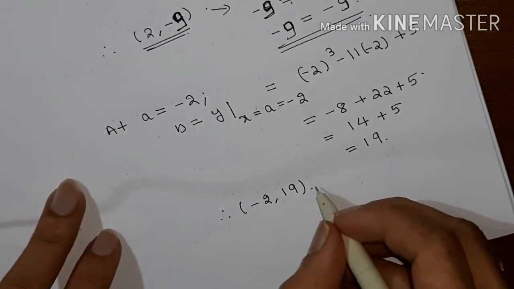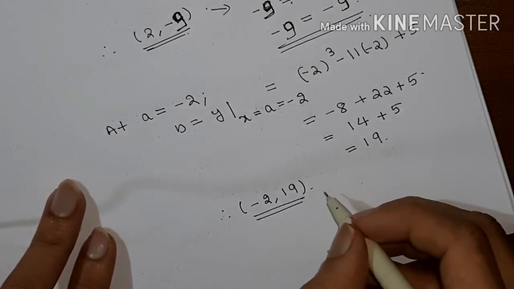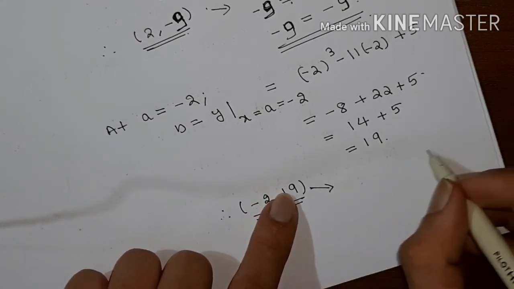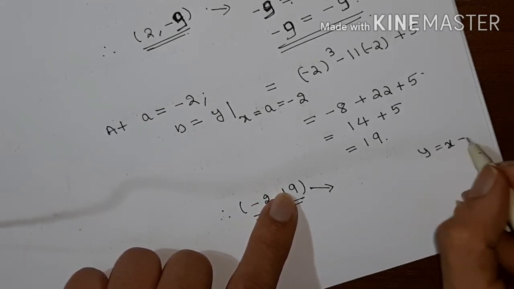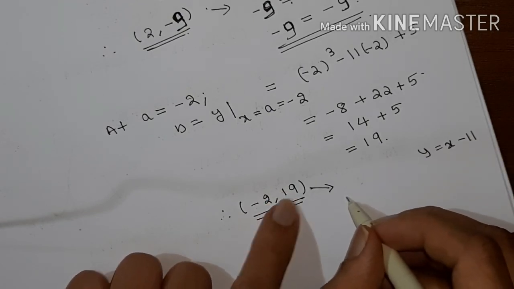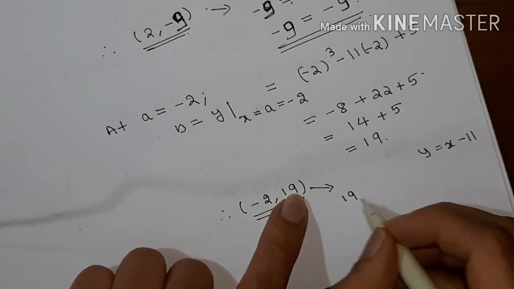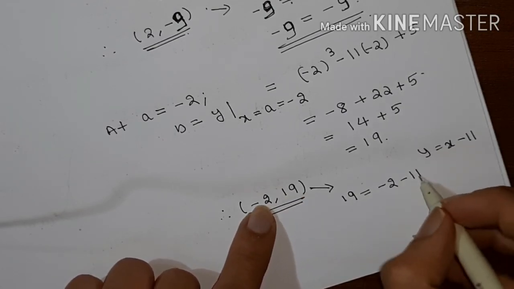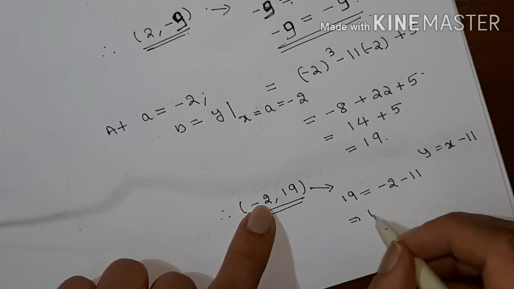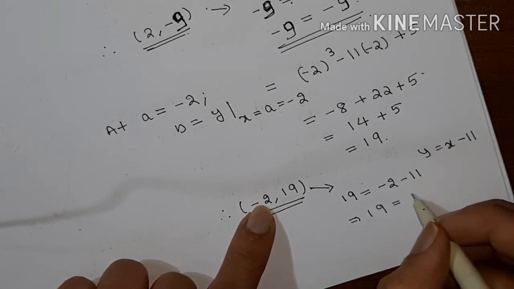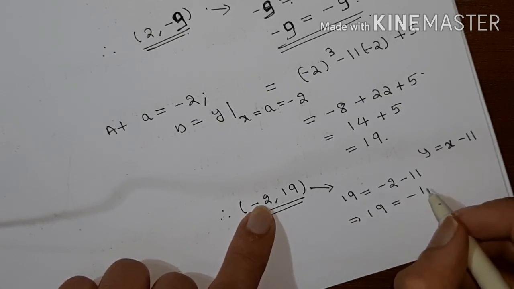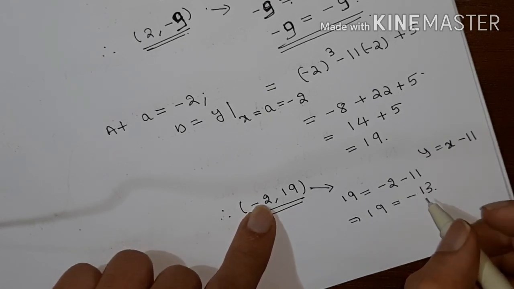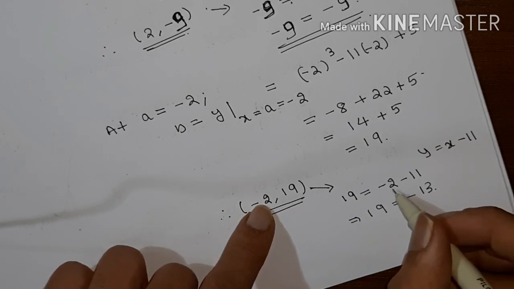Let us see if this point satisfies the equation of the tangent. The equation of the tangent is y equals x minus 11. So y is 19, which should equal x, that is minus 2, minus 11. So you get 19 is equal to minus 13, which is not correct.